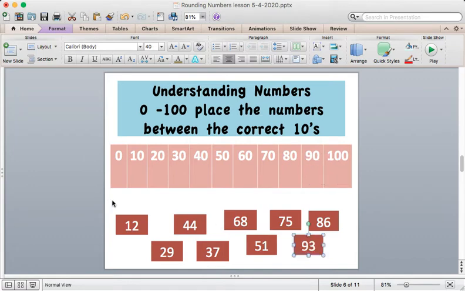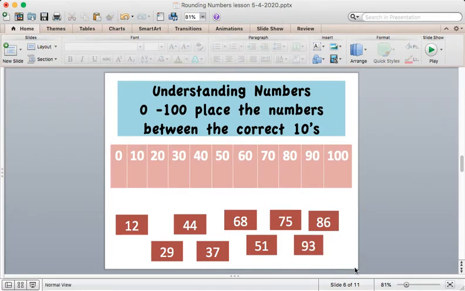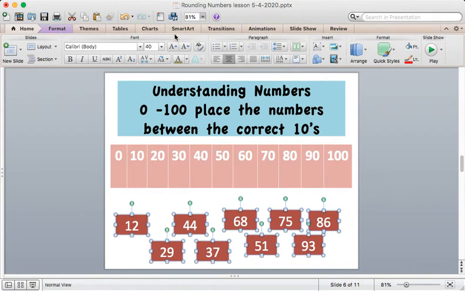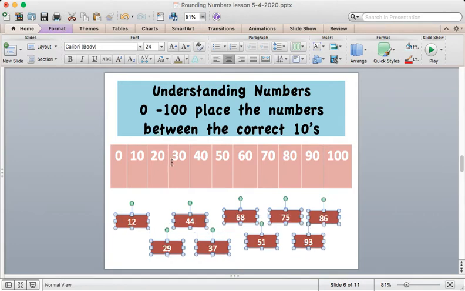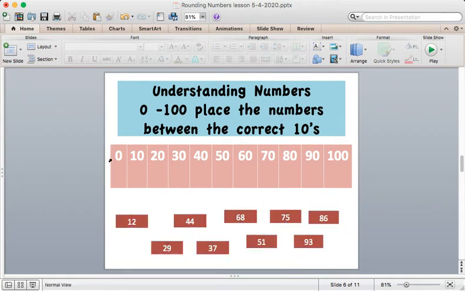So we have our numbers just as we discussed in the previous slide, 0 to 100. Now we're going to try and figure out, in these darker colors down here, which fit between the tens.